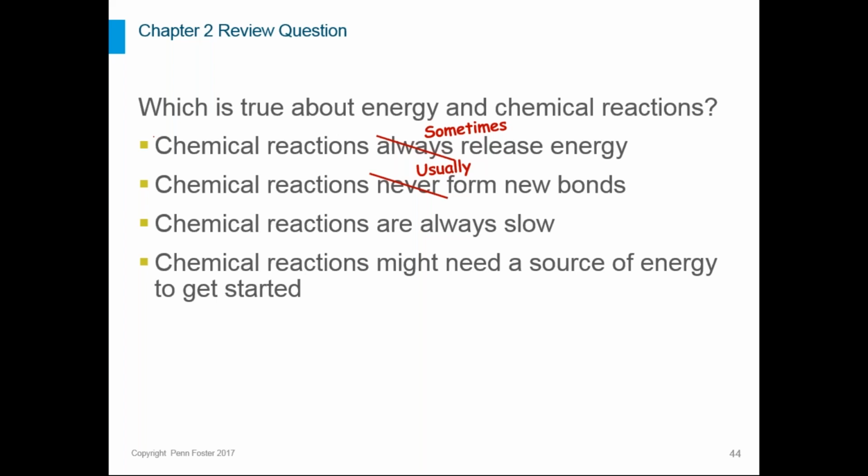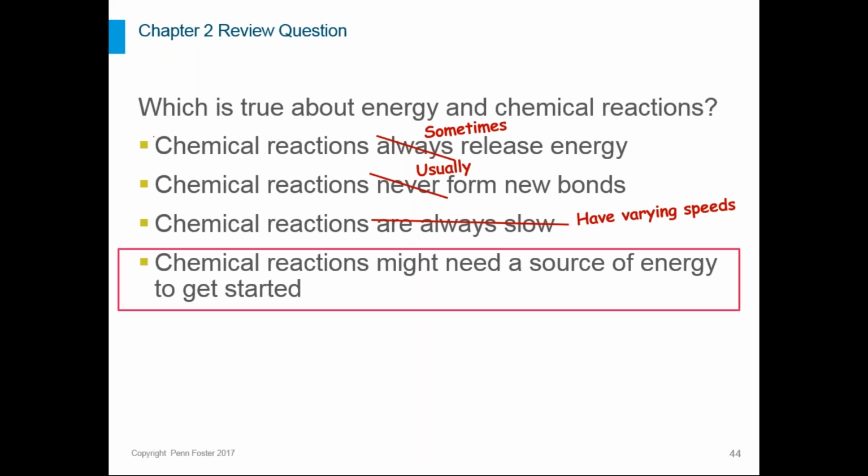Well, the speed of chemical reactions can vary. The same reaction can happen really slowly or it can happen really quickly. And our fourth one is actually the right answer, so a lot of you picked that one. Great job. Chemical reactions might need a source of energy to get started. So this sort of relates back to this idea that they're all different.